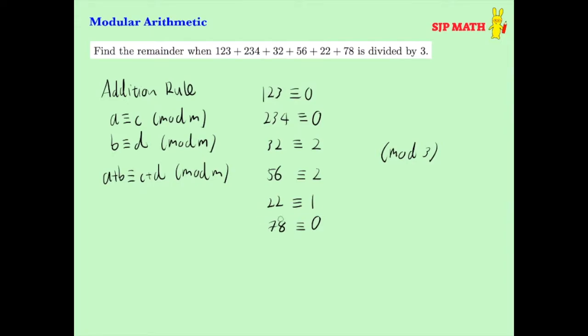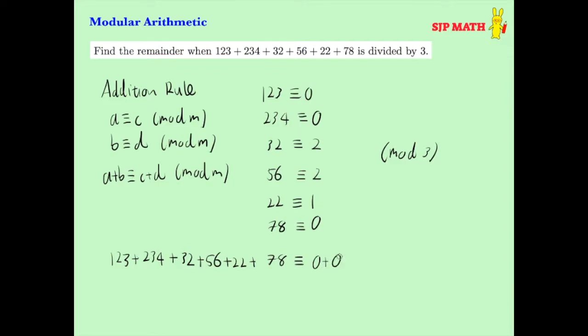So the sum of all these numbers, 123 plus 234 plus 32 plus 56 plus 22 plus 78, is congruent to the sum of all these numbers.